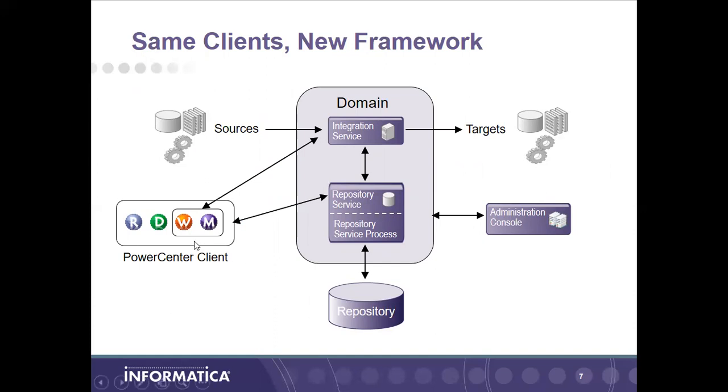The one above is a source, and the right-hand side above one is a target. At the bottom, which you can also call a platform, is the repository. On top of this, you have a domain, and everything is managed by the administration console.